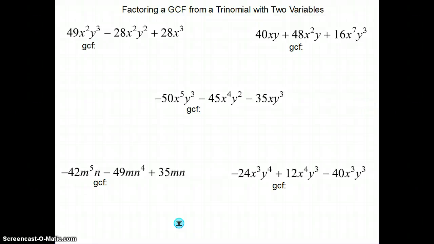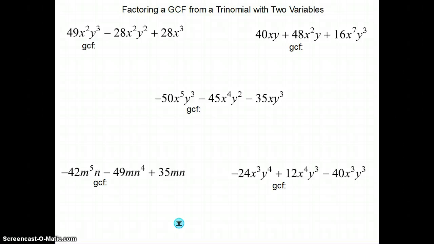We are now going to apply these same concepts to trinomials. We go about it in a very similar manner. Step 1, we're going to find the greatest common factor of all the terms. So looking at all 3 of these terms, I need to determine what is the greatest common factor.